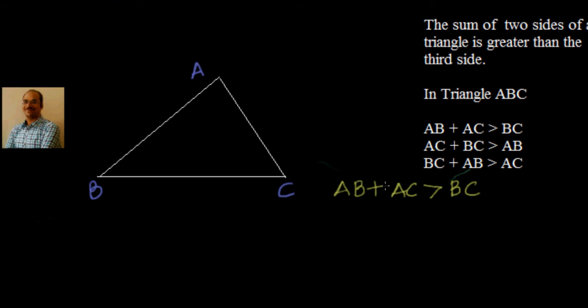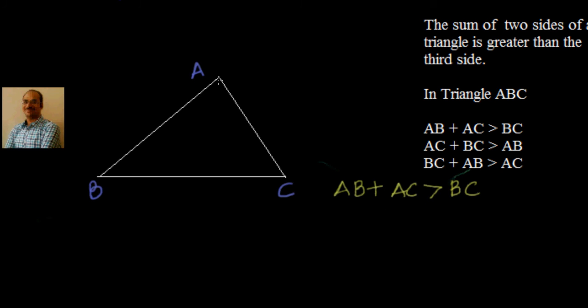That means I should have both on the same line. If I want to prove this, AB plus AC greater than BC, somehow I should first get into angles, and then based on that I will come here. If I come to AB plus AC, I should have both of them on the same line, then only I can go to the angles.